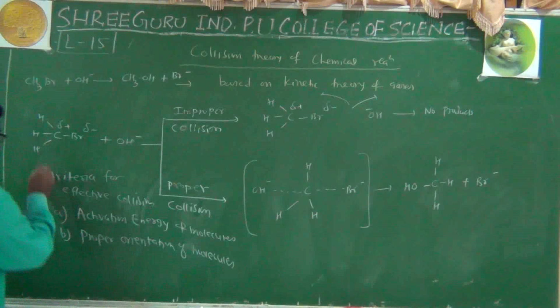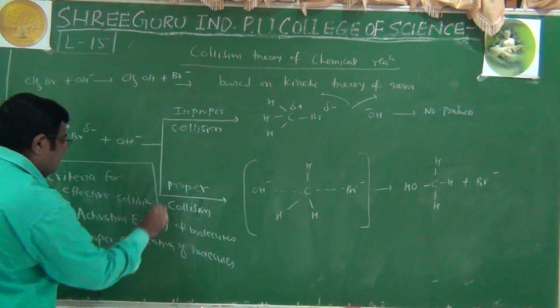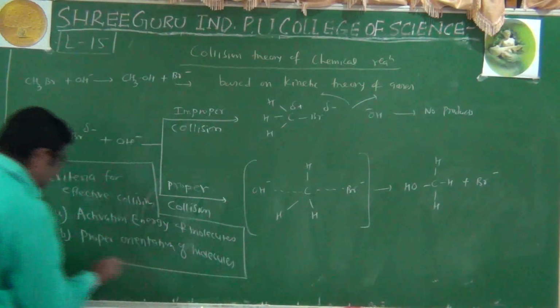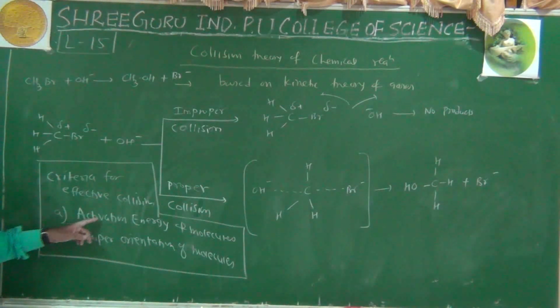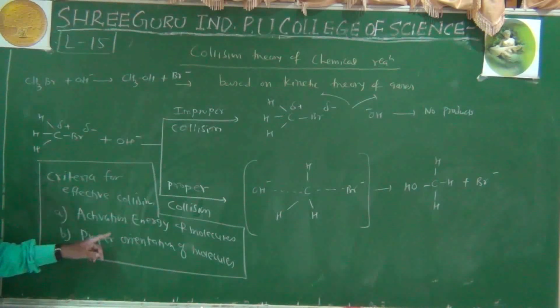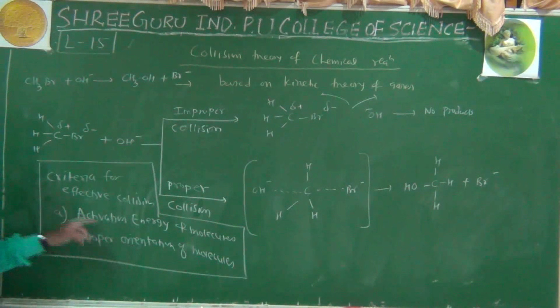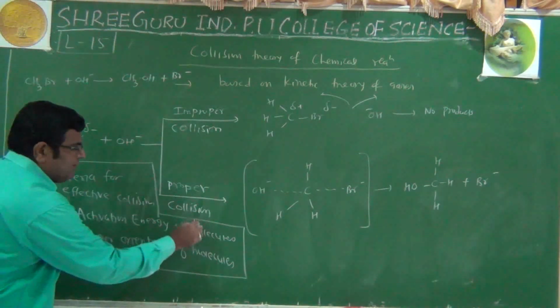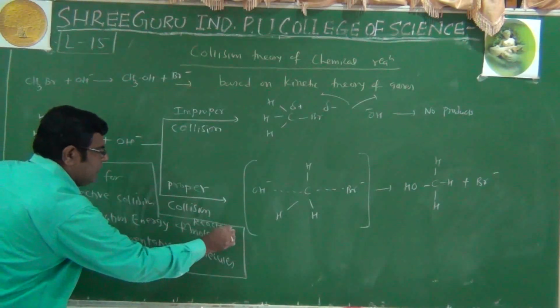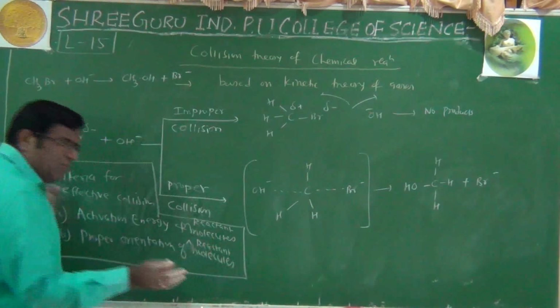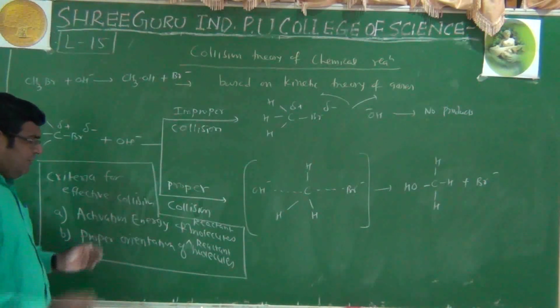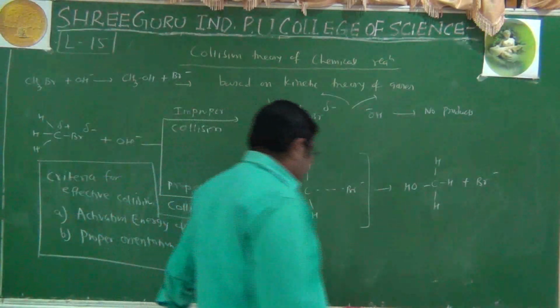So many times a question has been asked for 2 marks. According to collision theory, what is the criteria for effective collision? Activation energy of reactant molecules and proper orientation of reactant molecules. So you can add this word reactant here. Reactant, because it is the reactant molecules only which are activated and which are colliding in a proper way.